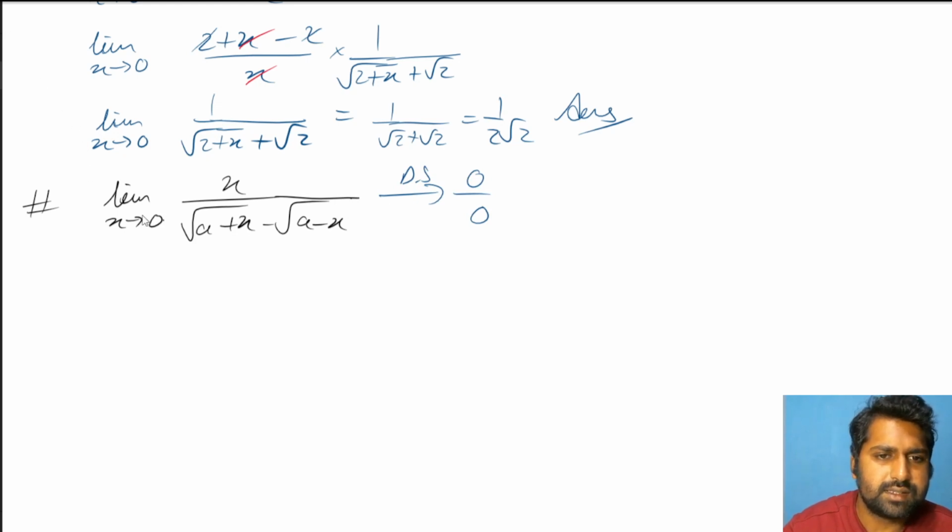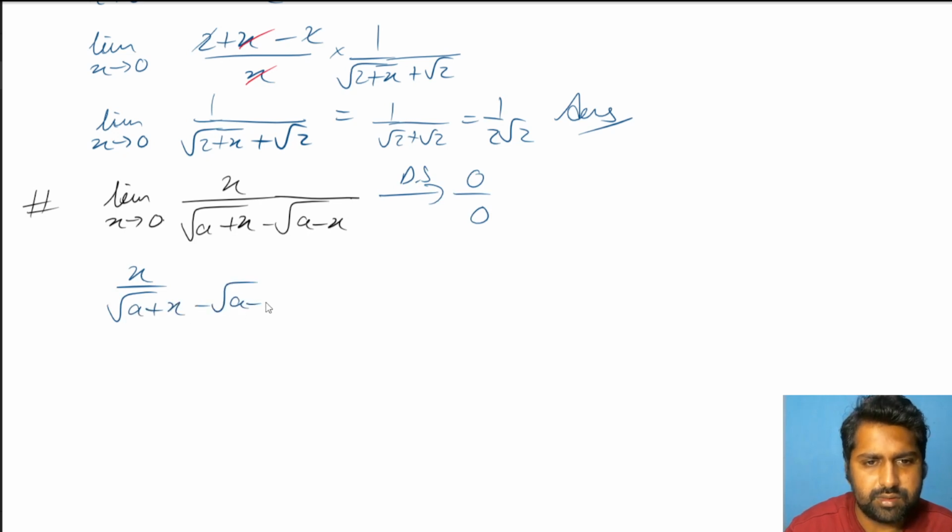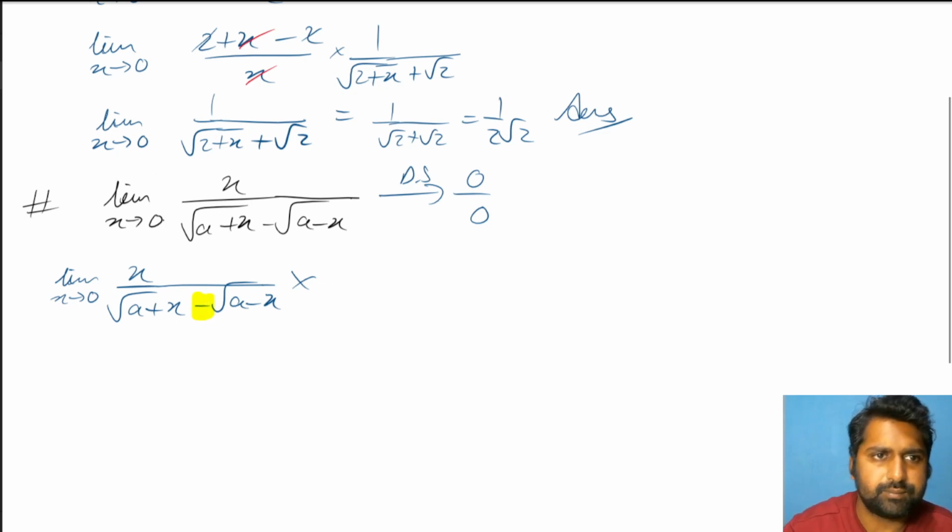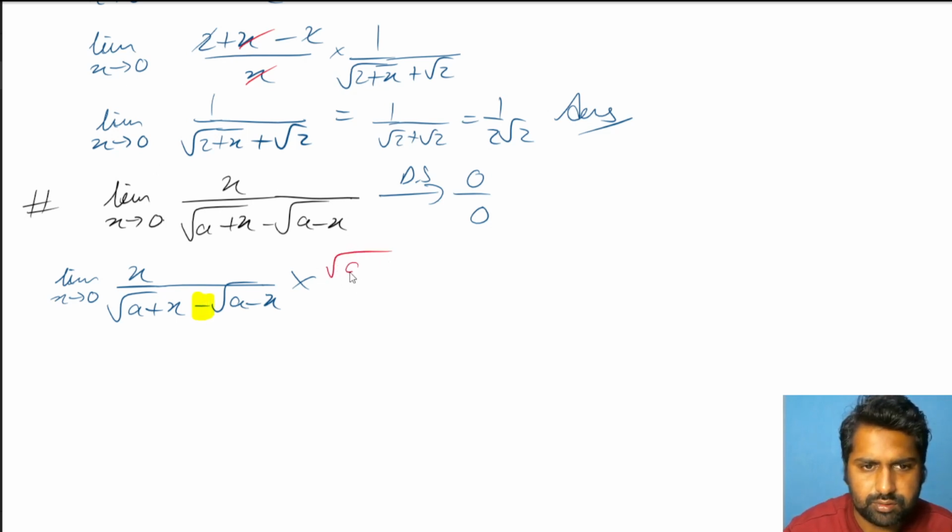So rationalize. In order to do the rationalization, x upon square root of a plus x minus square root of a minus x, limit x tends to 0. Change the sign, this one, that's it, and multiply. So square root of a plus x plus square root of a minus x, same with the denominator.